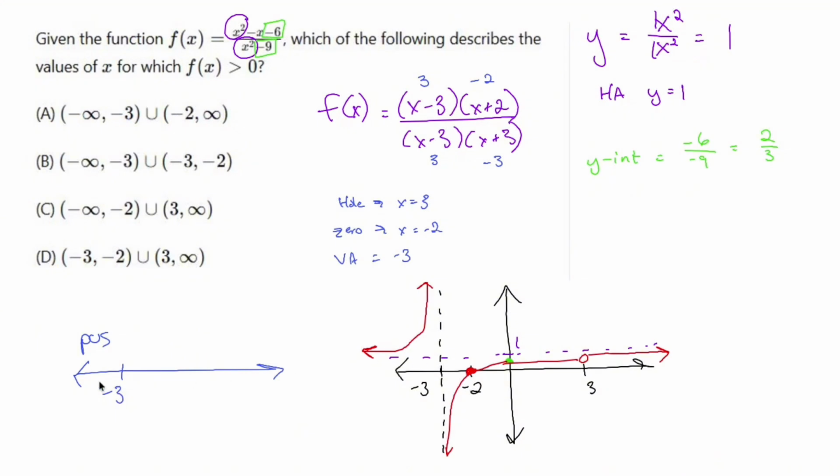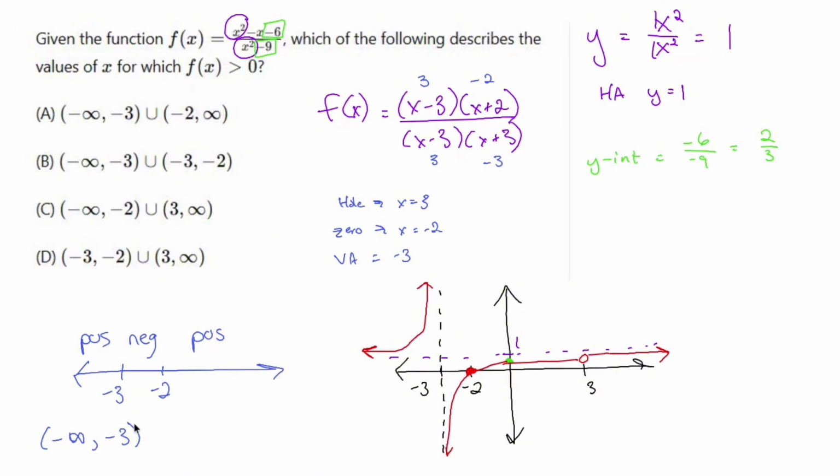It's going to be positive. Then from negative 3 to negative 2, we're negative. But then from negative 2 all the way until positive infinity, we're living in positive land again. So it's going to be positive from negative infinity to negative 3.